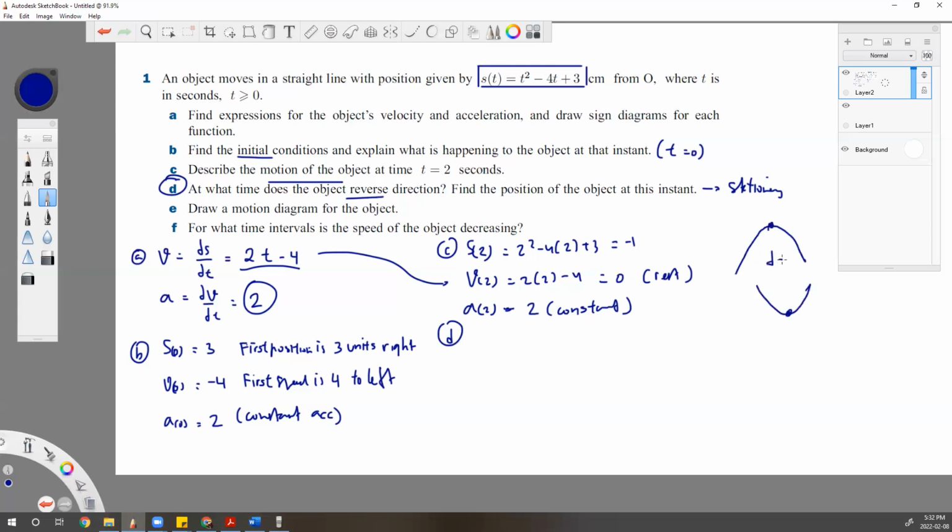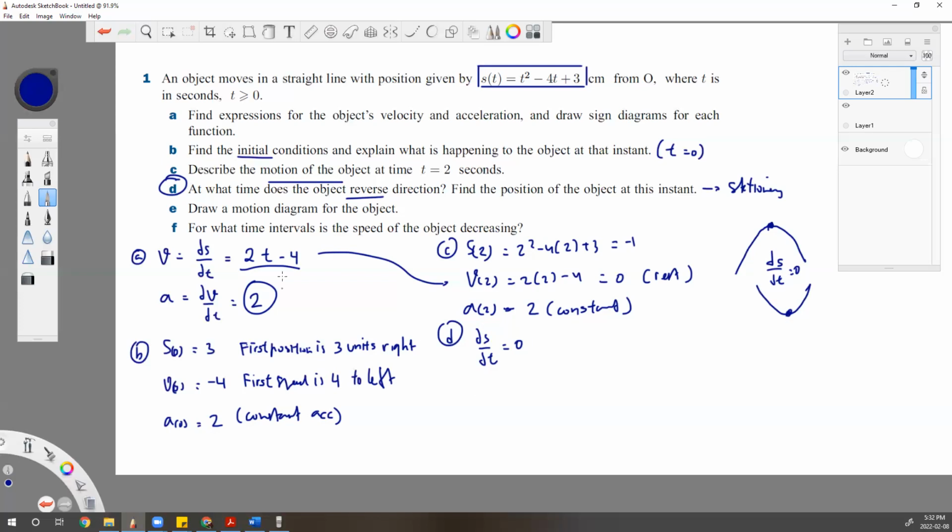So ds over dt equals 0. We have the answer already. I believe question C is connected with question D. So we know that it's a stationary point, reverse direction. You change the direction, from positive to negative, of course.